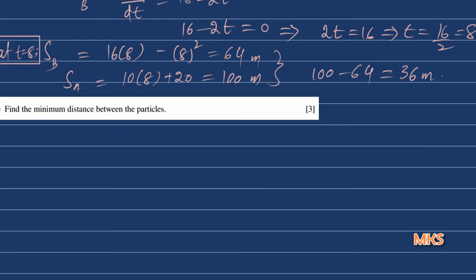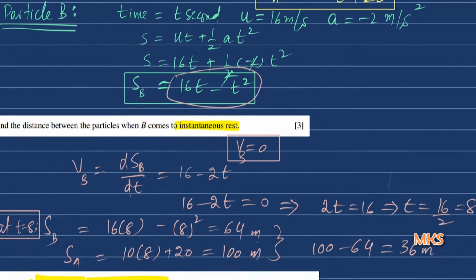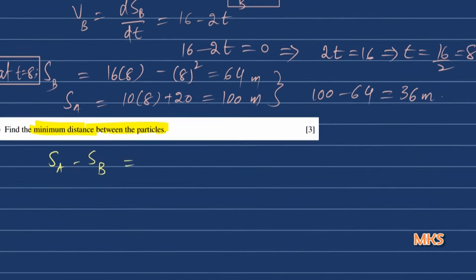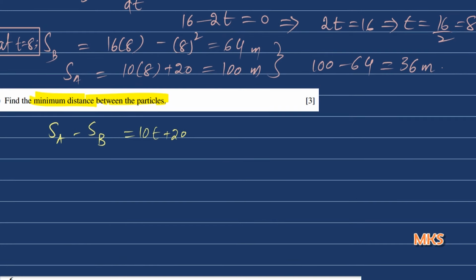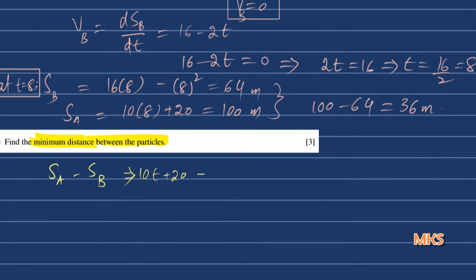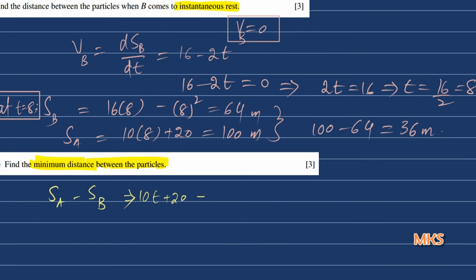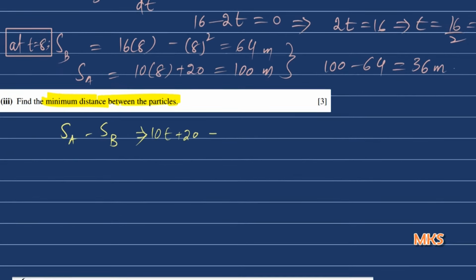So the distance between the particles will be S of A minus S of B, the difference between their expressions. S of A was 10t plus 20, and minus S of B, which is 16t minus t square.